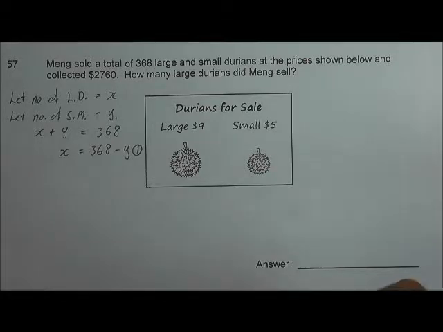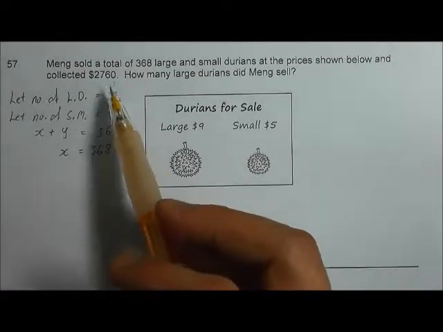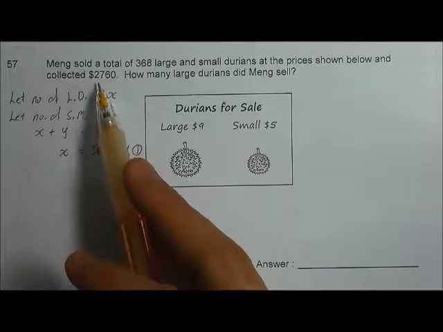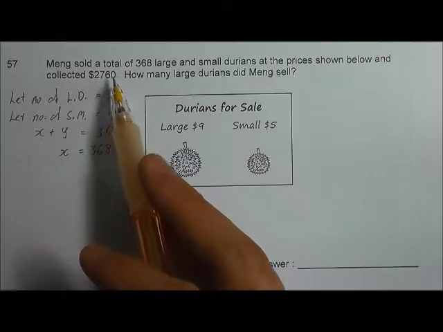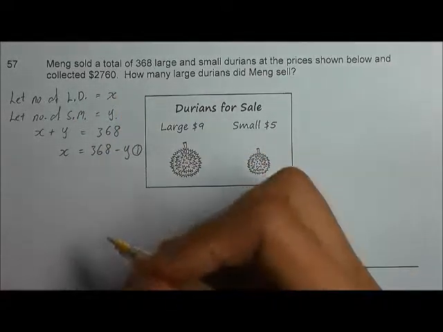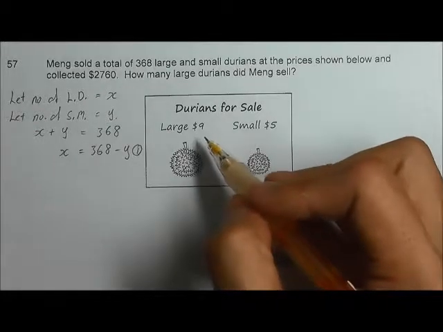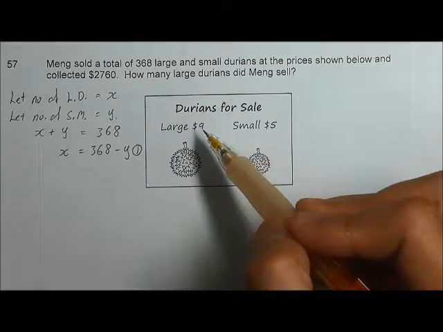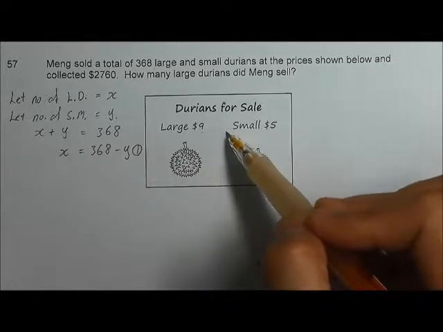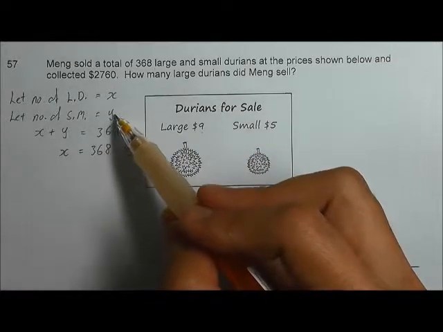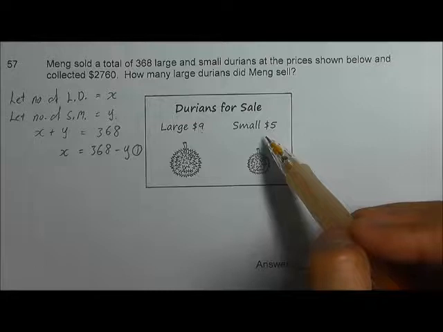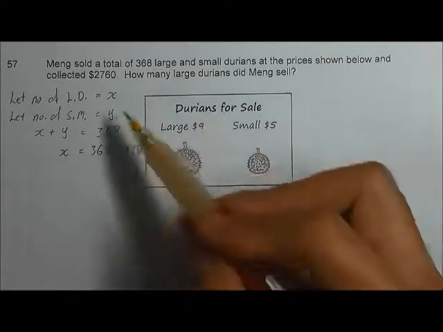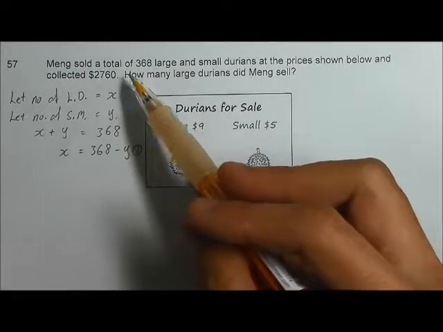And our second equation says that the total amount collected is 2760. That means if we take the number of large durians multiplied by 9 and we add the number of small durians multiplied by the cost, which is $5, we will get 2760.